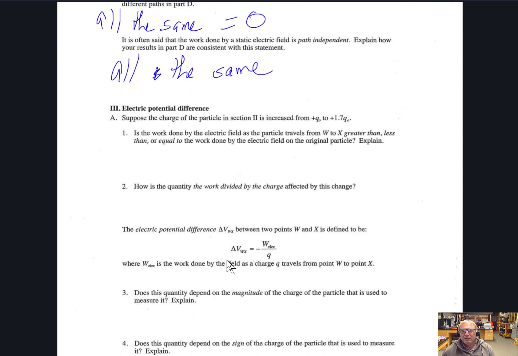Suppose the charge of the particle in section 2 is increased. The work done.